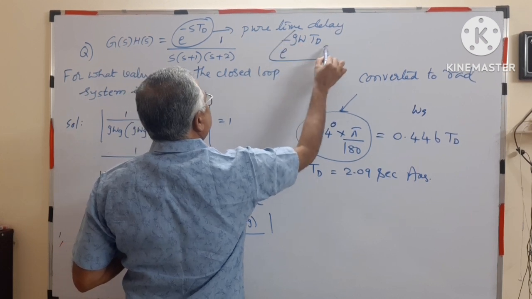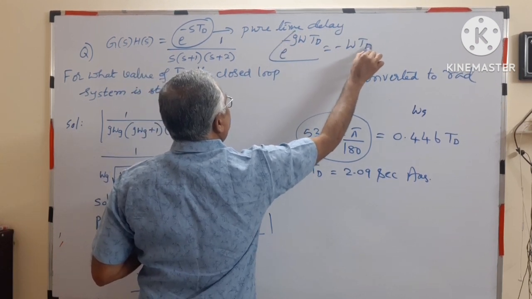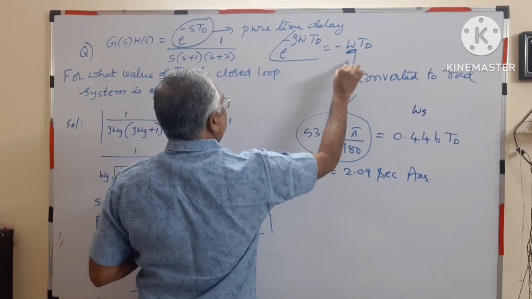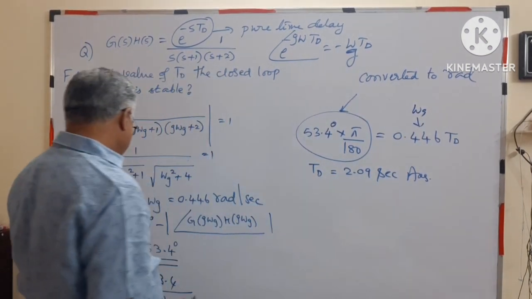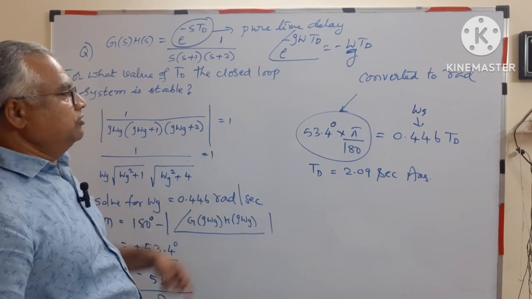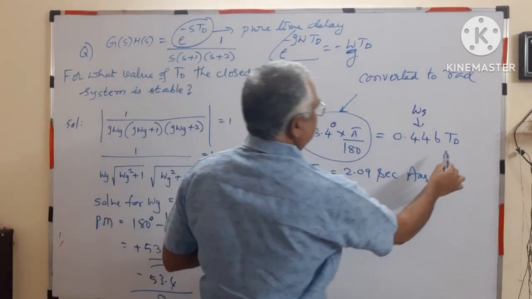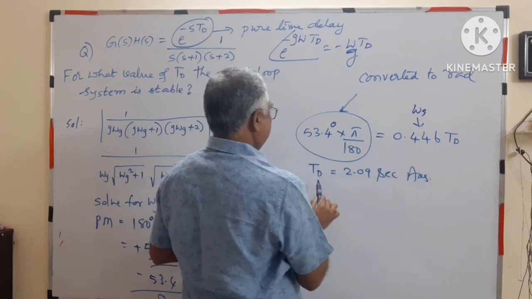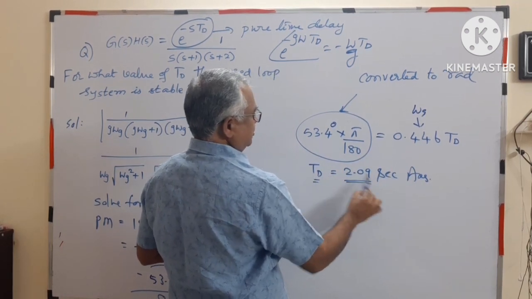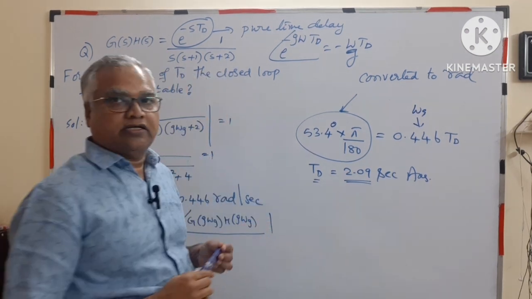The angle of this is minus omega Td, where omega is omega g. What is the omega g value? Already done, 0.446, and Td we have to find. So equate these radians and solve for Td, and we will get 2.09 seconds.